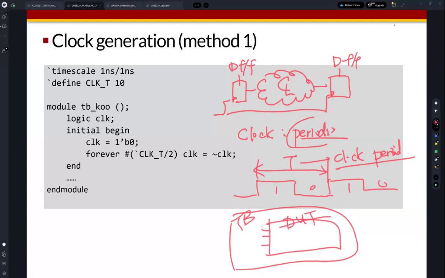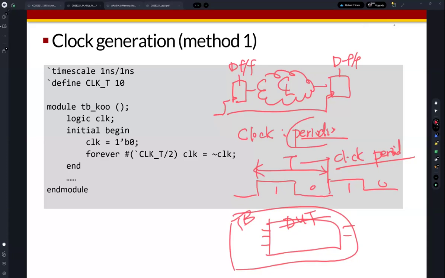And then test bench need to generate the input signals, right? So clock and reset signals are also input signals which need to be generated in the test bench module. Because the clock and reset signal is the kind of important signal, that's why I explain about the clock and reset signal this time.